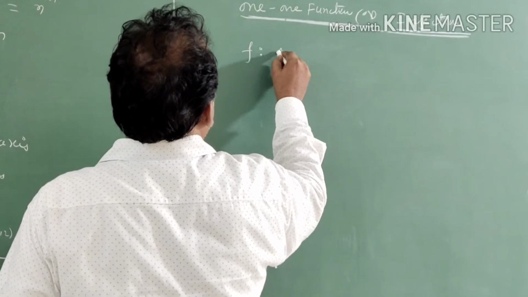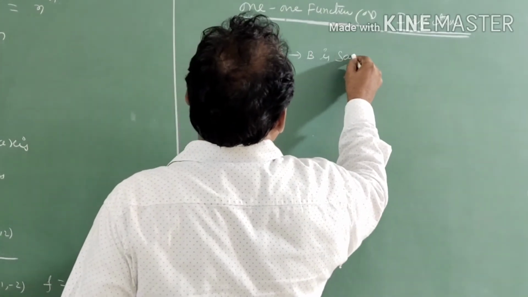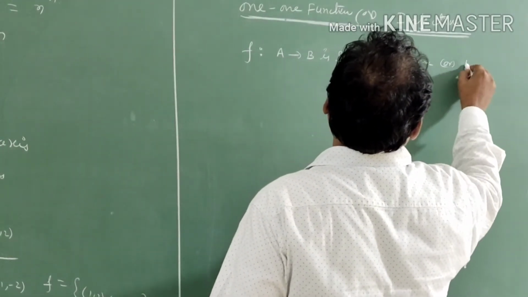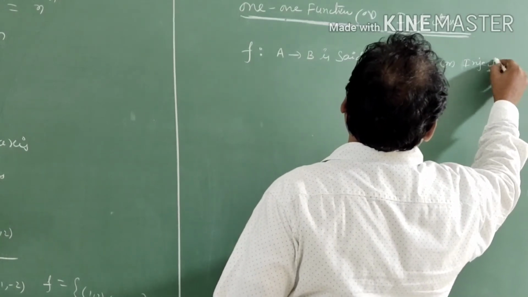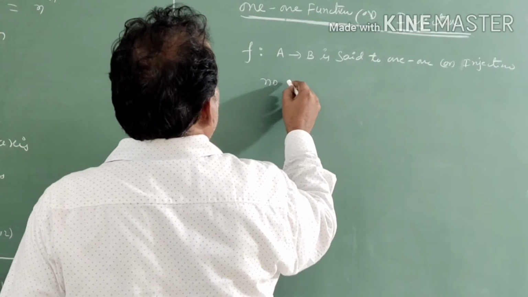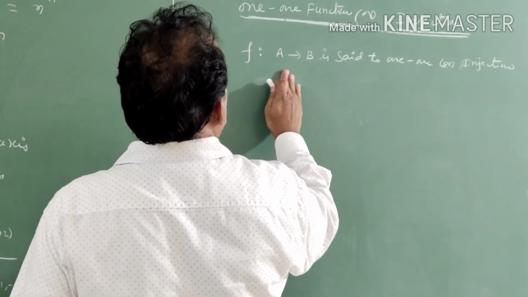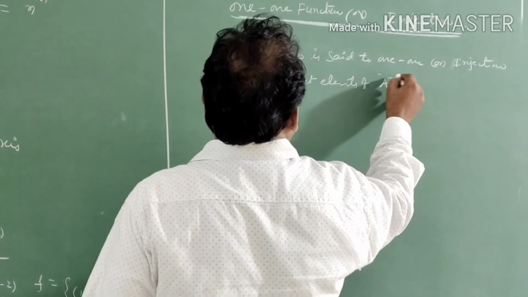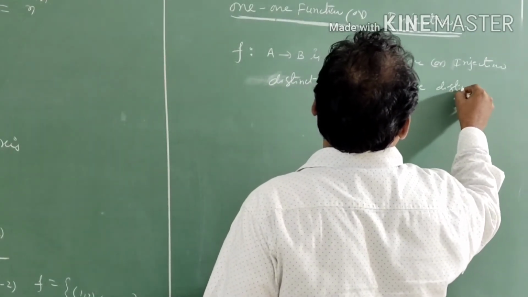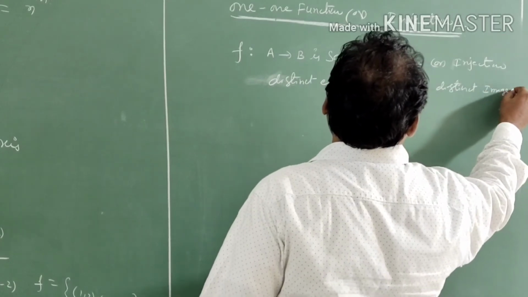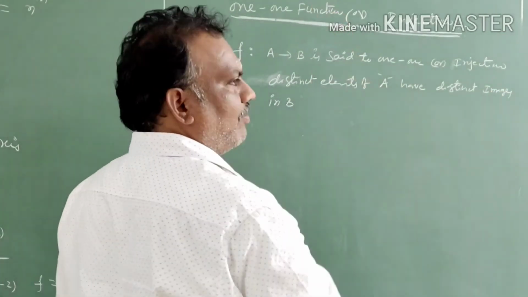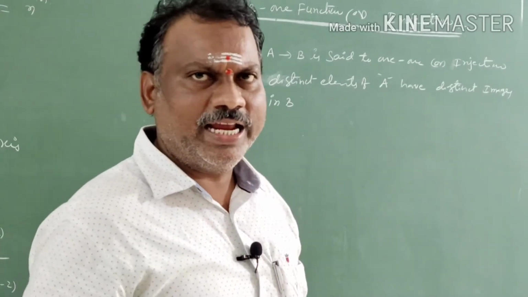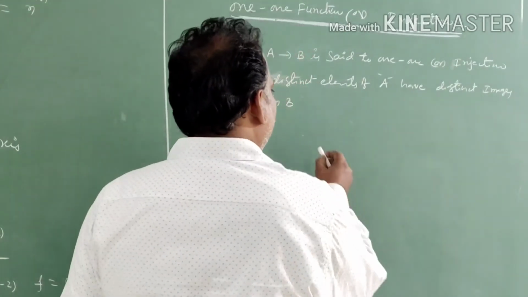F is a mapping from A to B, said to be one-one or injection if no two distinct elements of A have the same image in B. That we can also write as: different elements of A have different images in B. That is called a one-one function or injection. What is its mathematical definition? I can write it with an example also.